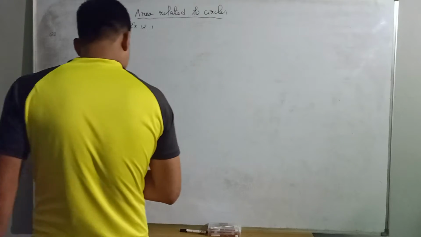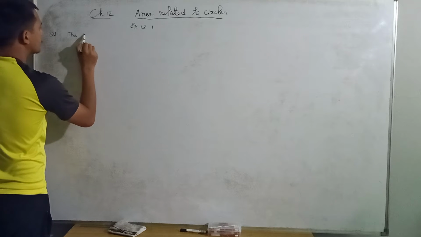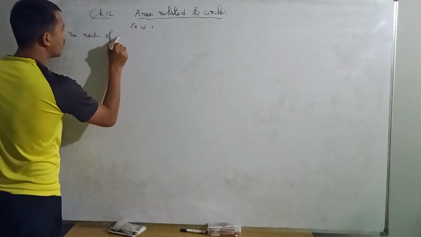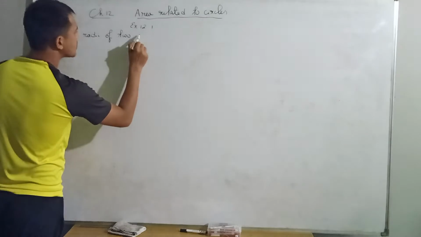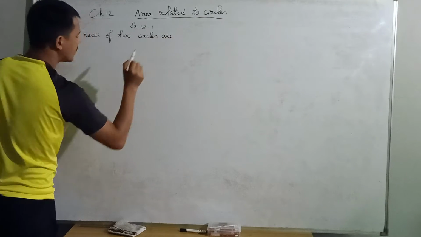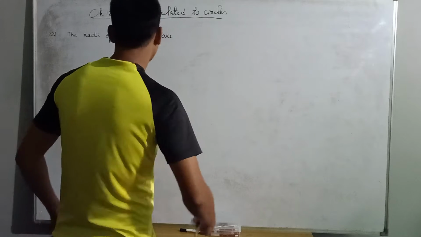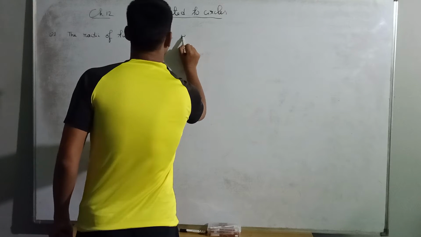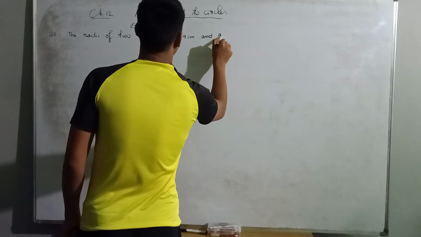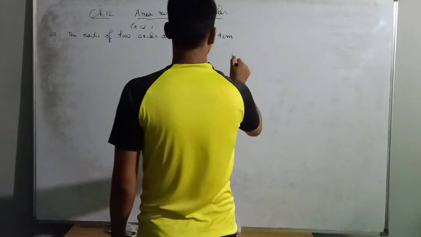The radii of two circles are 19 centimeter and 9 centimeter respectively.